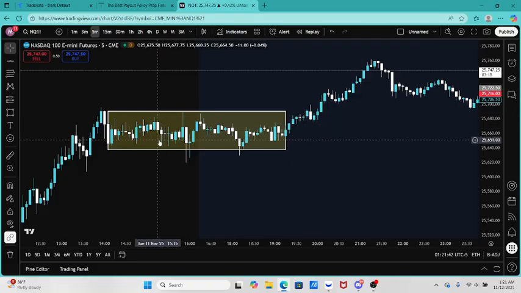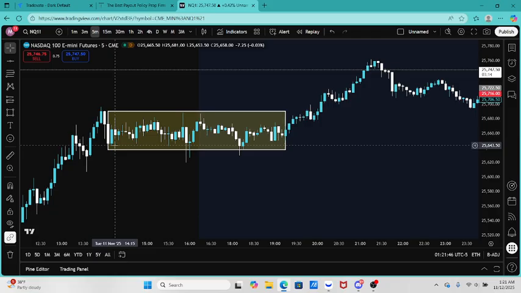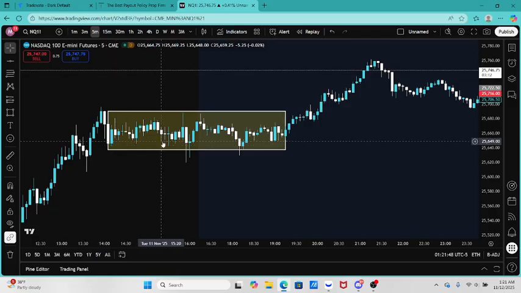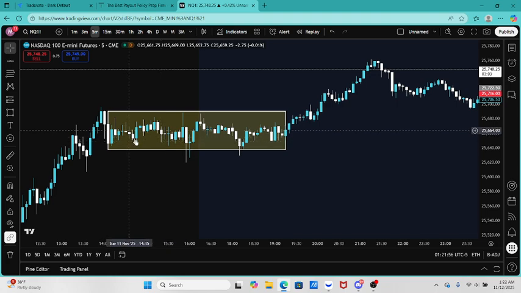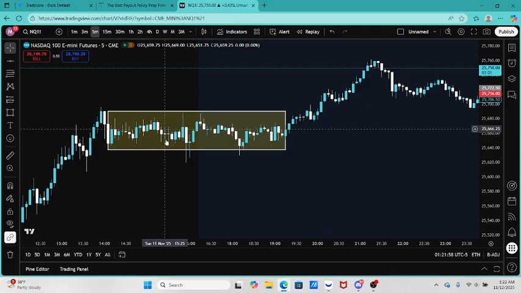Imagine you got in at the bottom of this blue candle, and we're right here. We should technically be in profit, but since it's been 4 hours, you're actually going to be in the negative because you're losing money because of time passing. Not only do you lose money with options if it goes in the wrong direction, but you also lose money the longer the time passes.